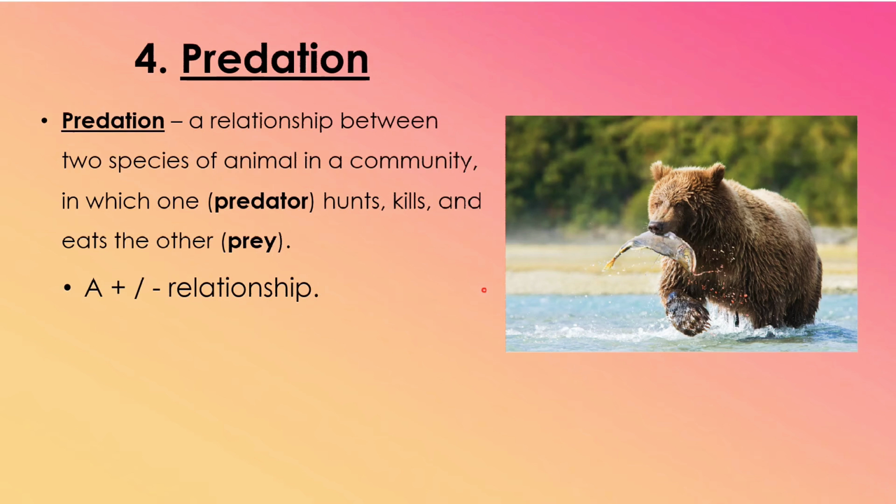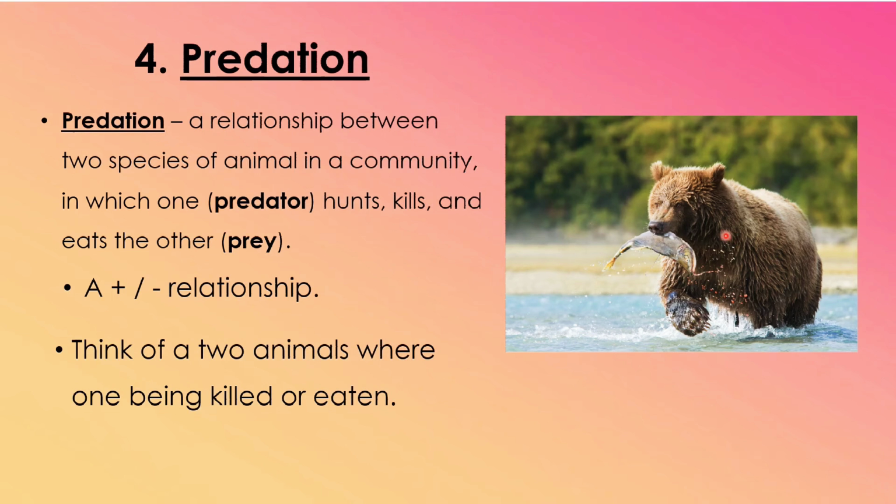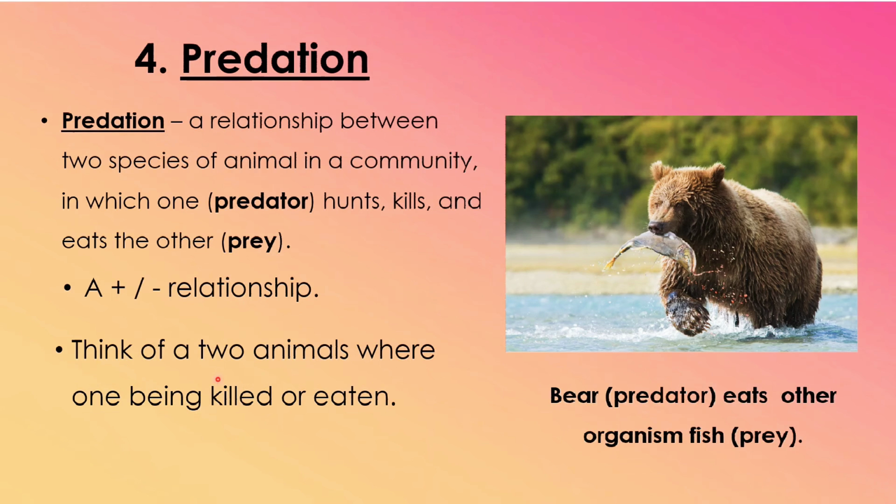They have a positive and negative relationship, because the fish, the prey, dies, and the bear, the predator, can get food. It's like two animals where one is being killed or eaten. Like I said, the bear becomes the predator and the fish becomes the prey.